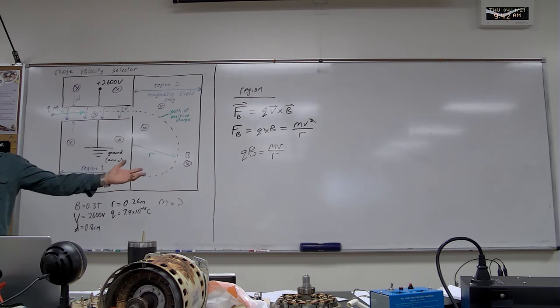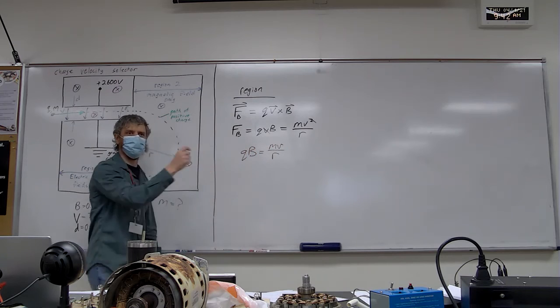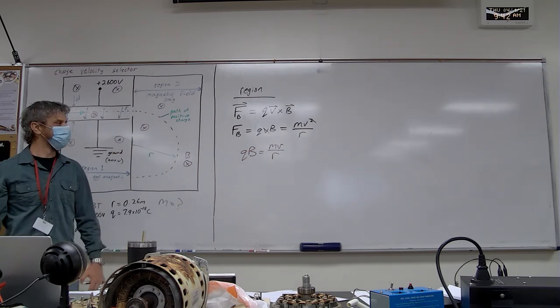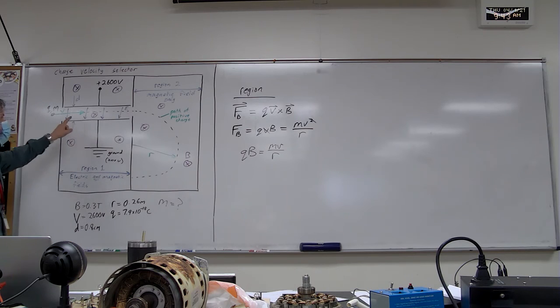All right, so that's the problem though. If I wanted to use this equation to calculate mass, I need to know the speed, and I don't know the speed. So this is where the velocity selector comes into play. I can use this right here to determine that speed. How do I do that?